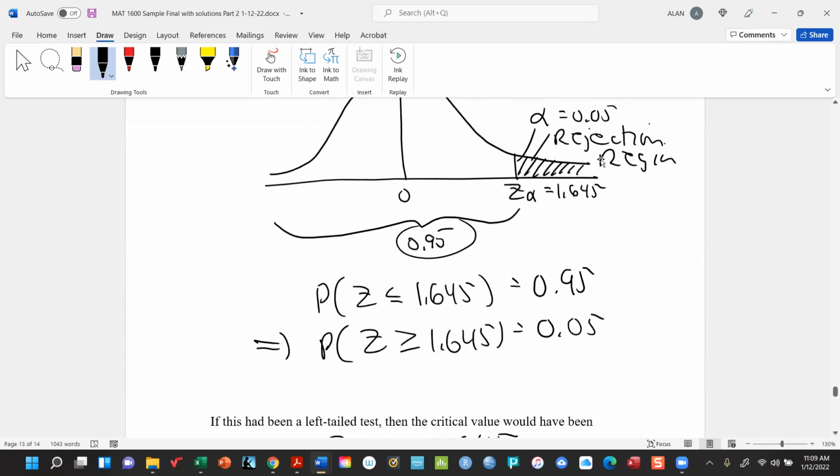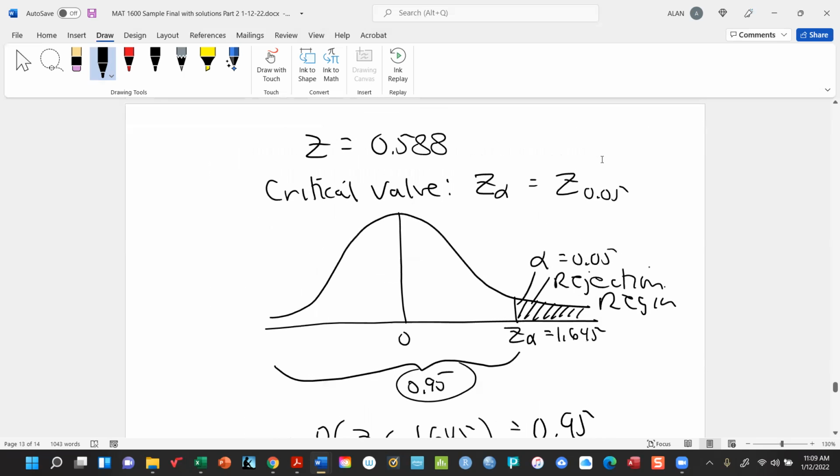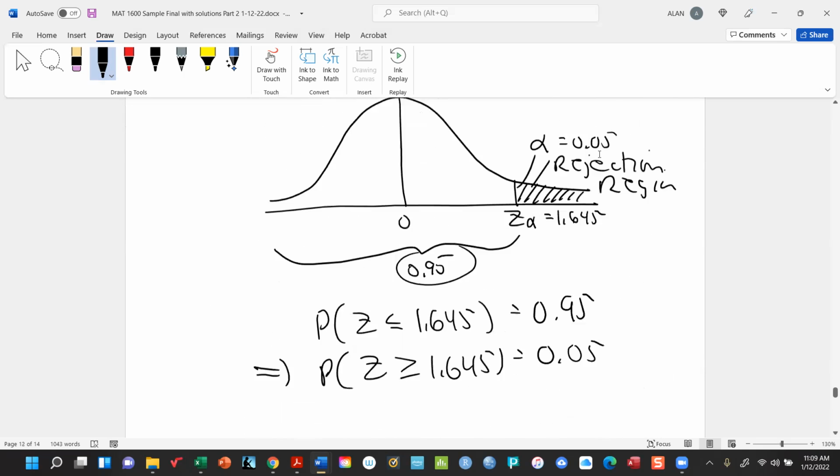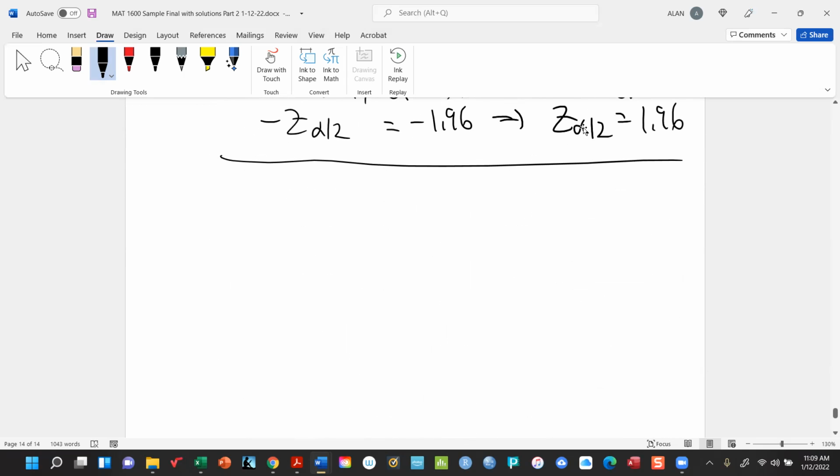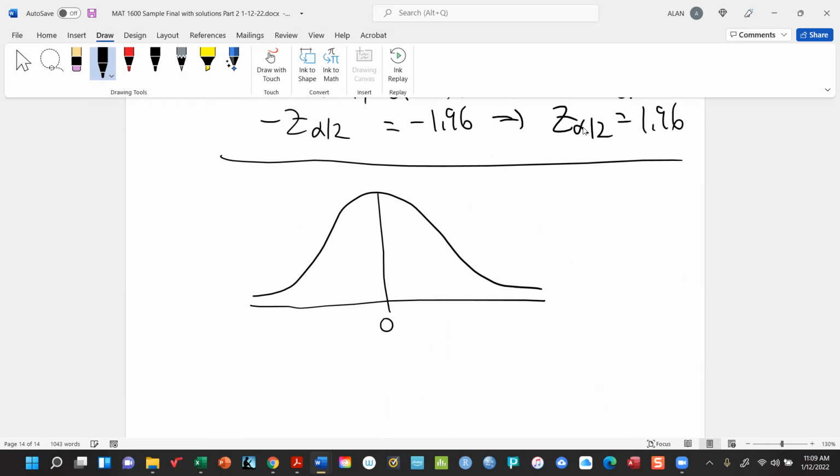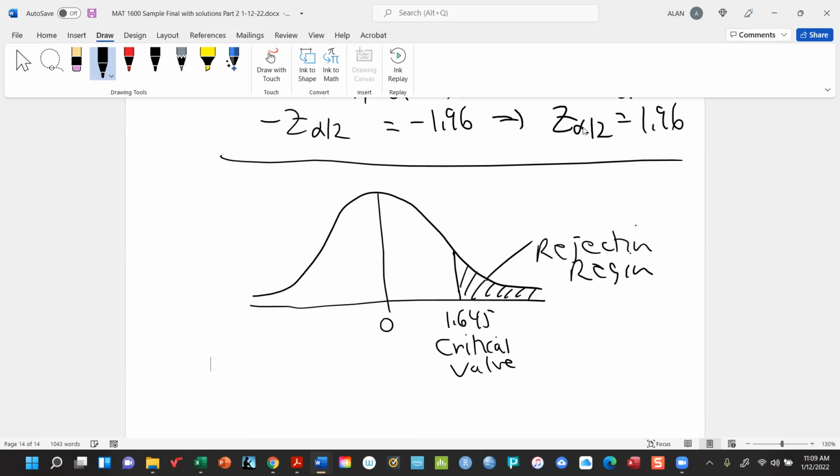Now here, getting back to this one, this is the right-tailed test. So here's what we have. Our test statistic, though, was only 0.588.